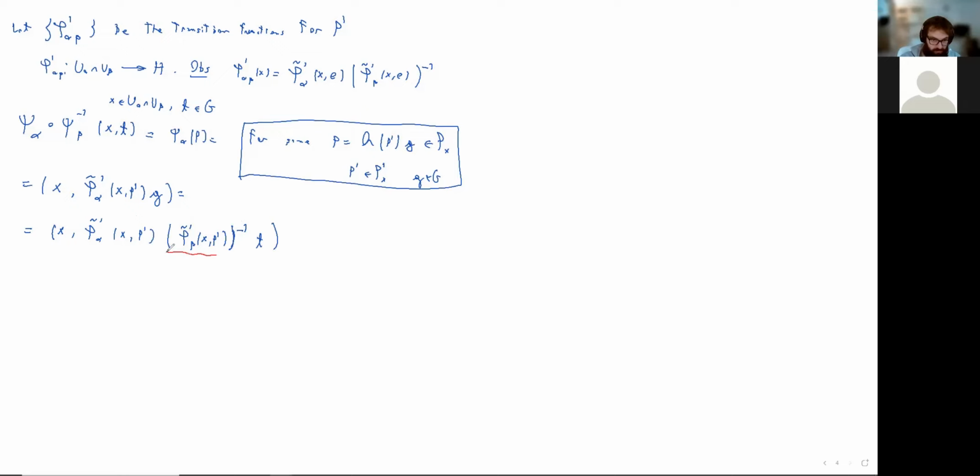Okay, so this is g. And why is this g? Because if you look, we have that phi beta tilde prime x p prime times g equals t. And this is just the definition of psi beta.